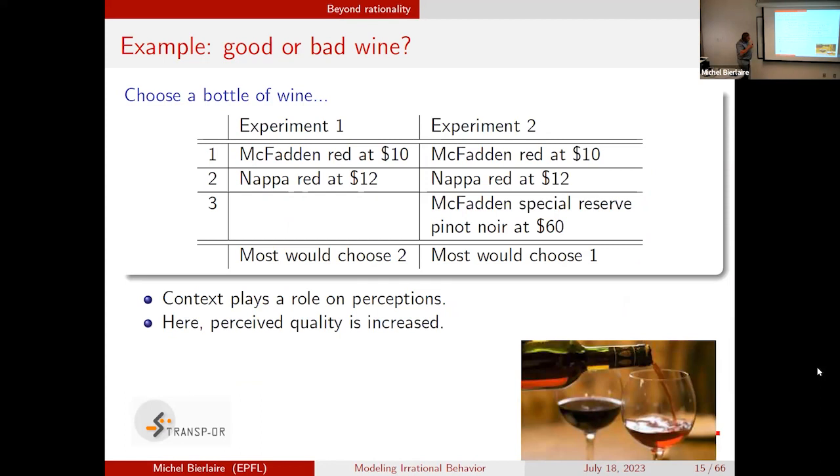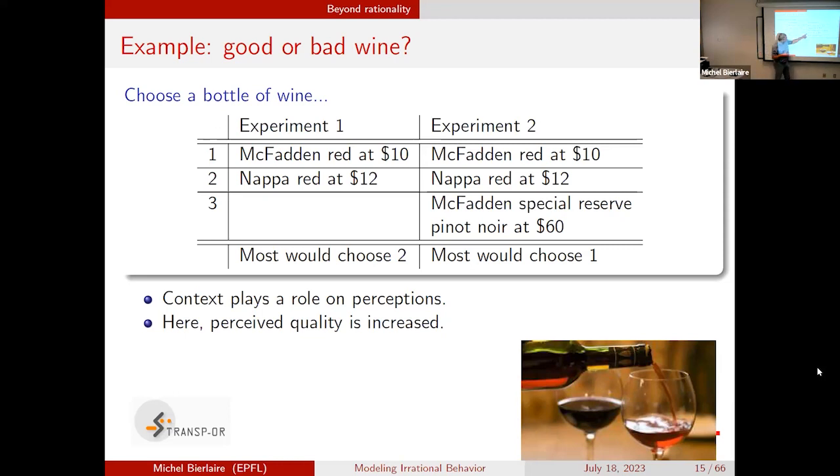About perception, so McFadden is the guy I was talking about, the guy who got the Nobel Prize for the choice models, but he used to make some wine as well. And this example comes from him. So he said, okay, if you ask people to choose between a McFadden red at $10 and a Napa red at $12, well, he's not very well known for winemaking. So most people will say, okay, I will basically buy the Napa because Napa is very famous in California.